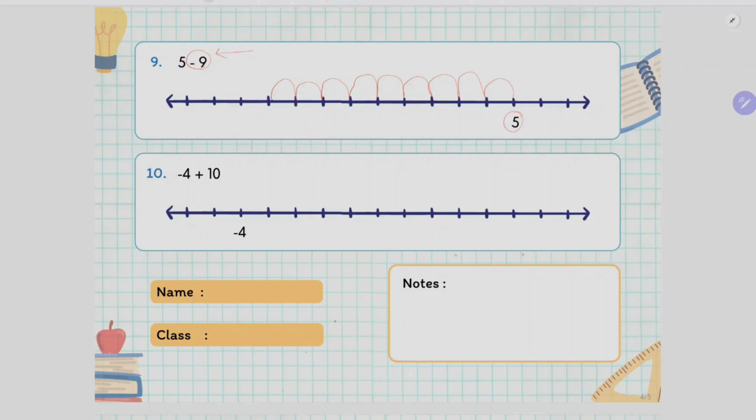So let's see what number we land on after doing 9 jumps. 4, 3, 2, 1, 0, -1, -2, -3, and -4. So 5 take away 9 gives you -4.